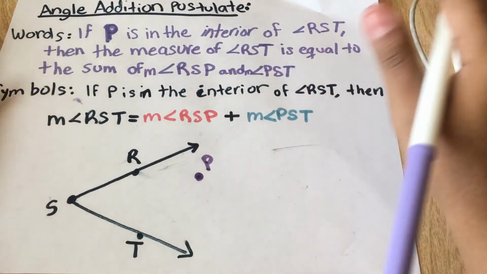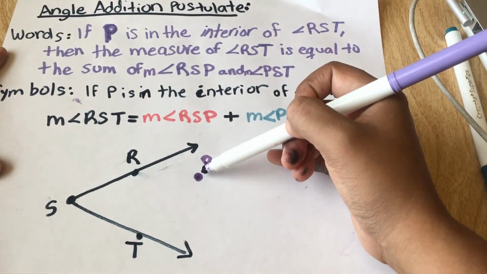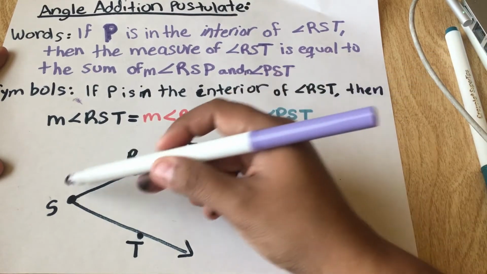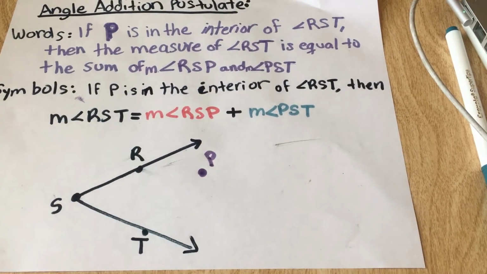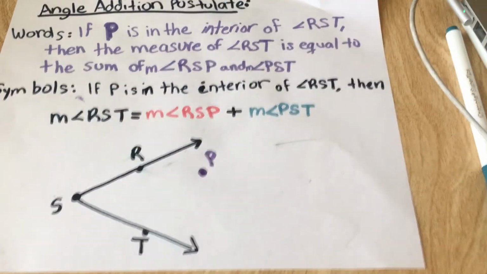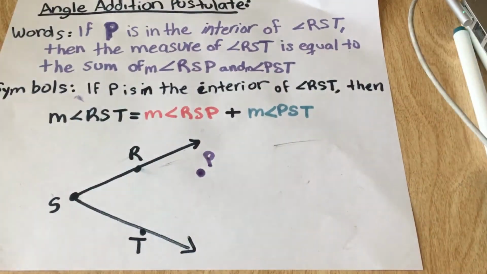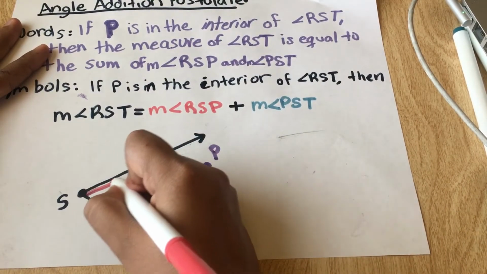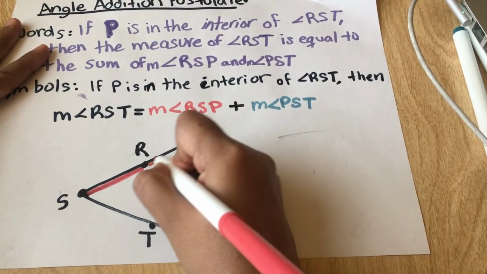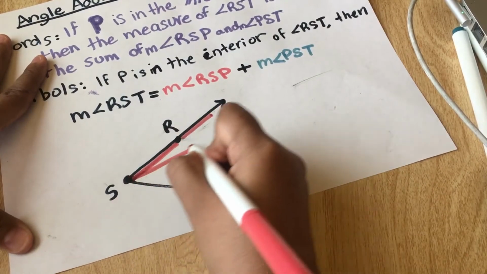So what is that telling me? If P is in the interior of angle RST, then the measure of angle RST is equal to the sum of angle RSP. So let's go ahead and do that. Angle RSP.